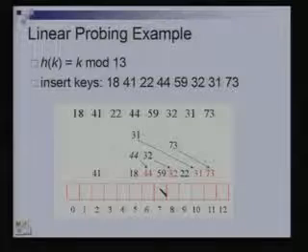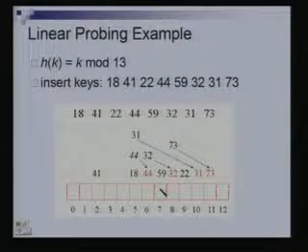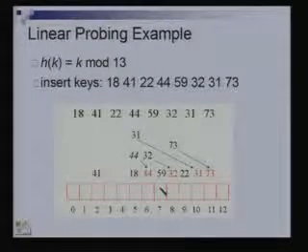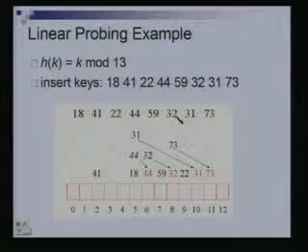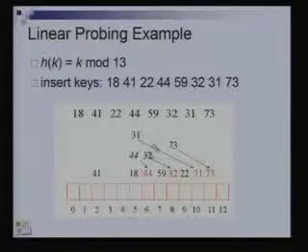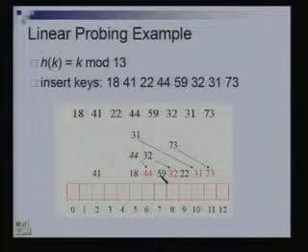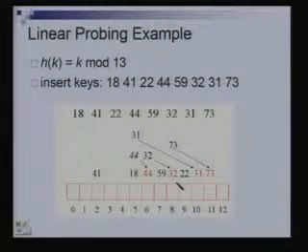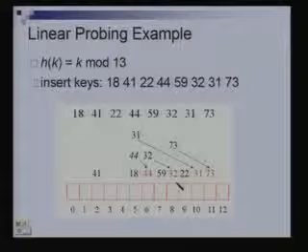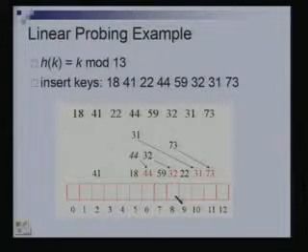We come to this location, it was empty, so we put 59 here. 32, 32 mod 13 is 6, and 44 is sitting at 6. So we go to the next location, 59 is sitting at this location. So we go to the next location, and this location is empty, so we put 32 here.